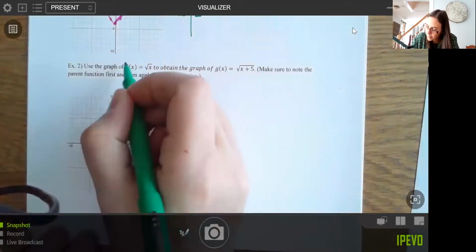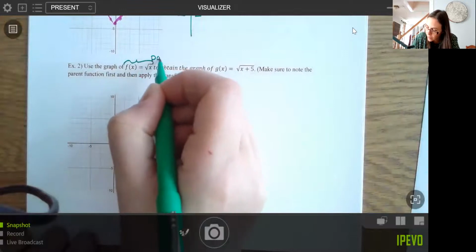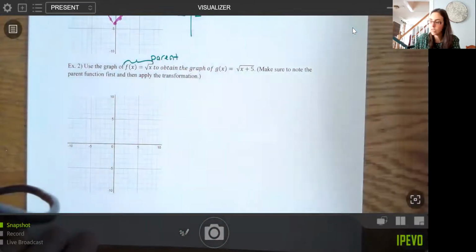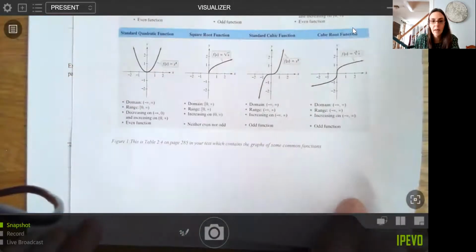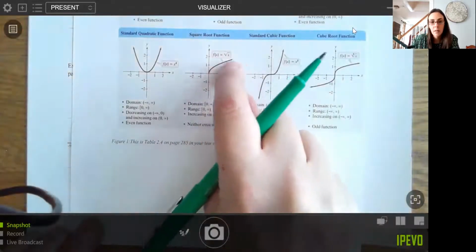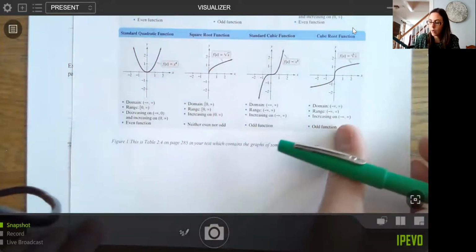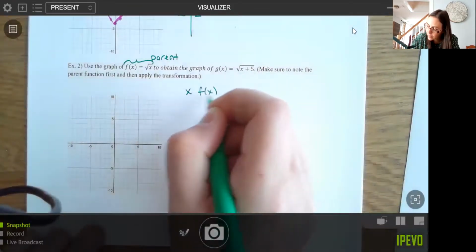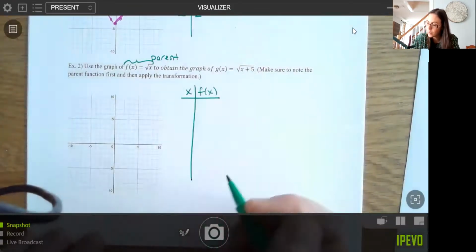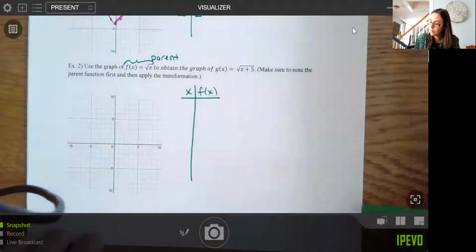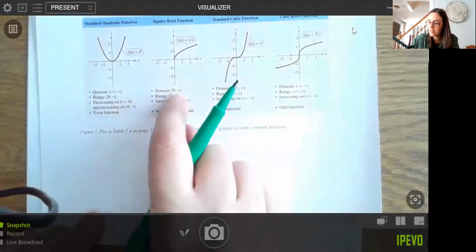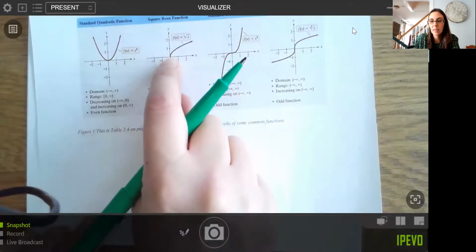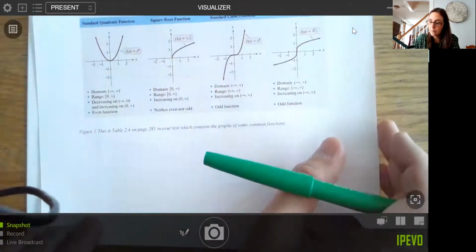So this is my parent function here, my starting function, and it's a square root function. And if you go to the page before, again, the square root function looks like this. So I know the general shape. I'm just going to go ahead and plug in a few points just to make it a little bit easier for myself. Do notice though that your domain here starts at 0, right? We don't want any negatives inside our root. We're not doing imaginary numbers right now.